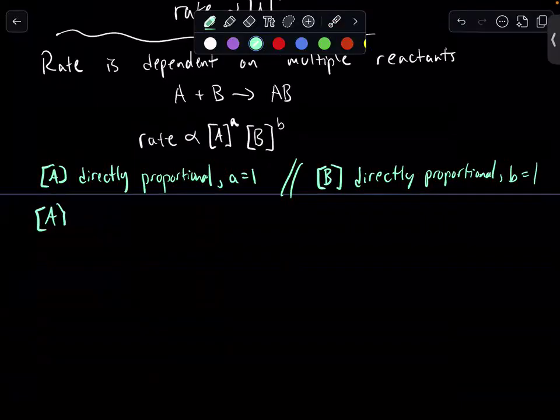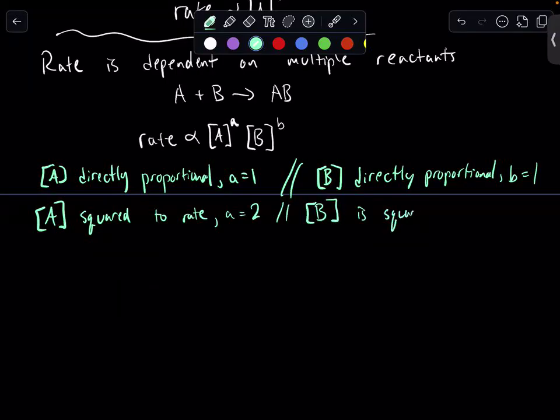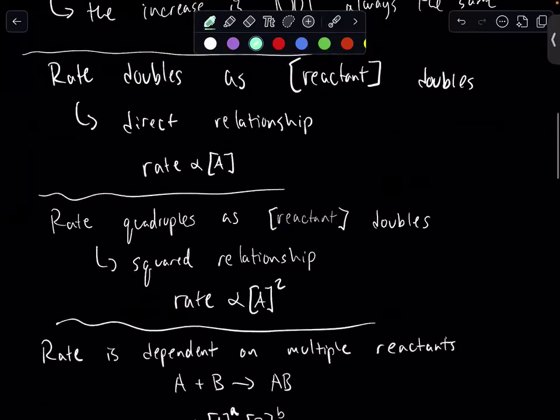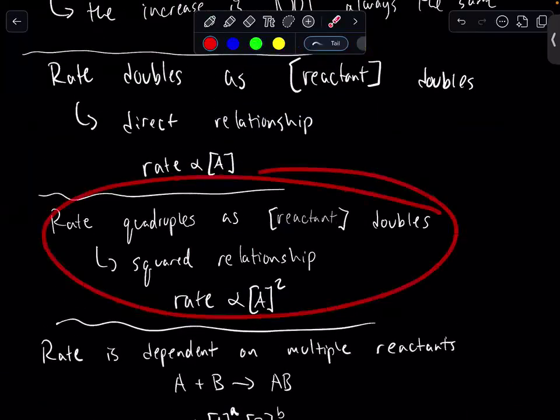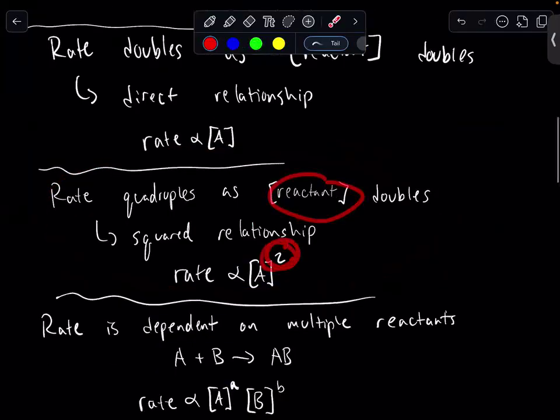If A is squared proportionally to rate, then we know that little a is 2. Same thing for B: if B is squared to rate, then we know that little b is 2. So that would be taking this one.